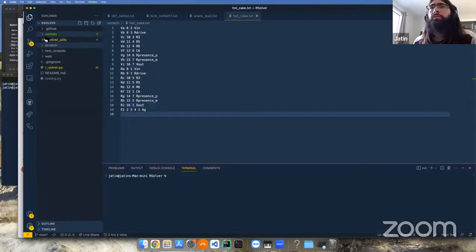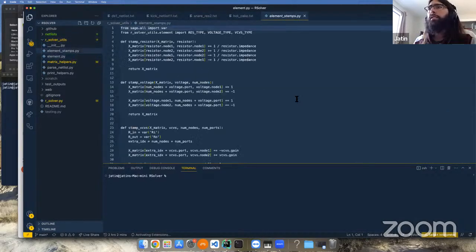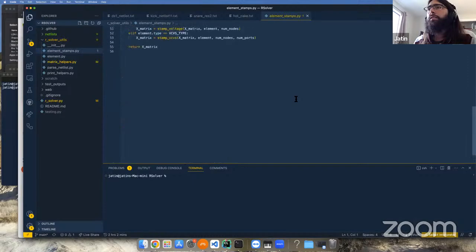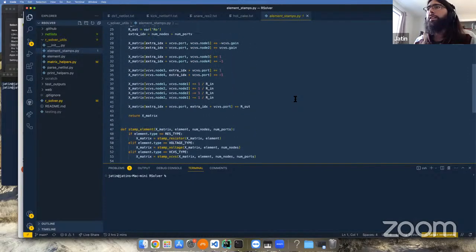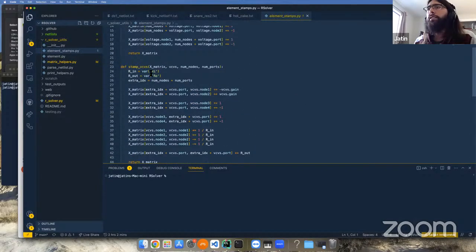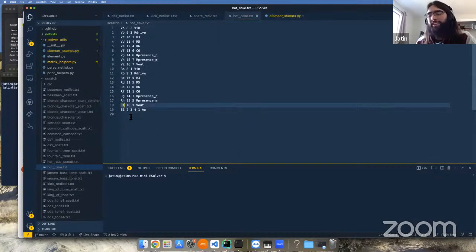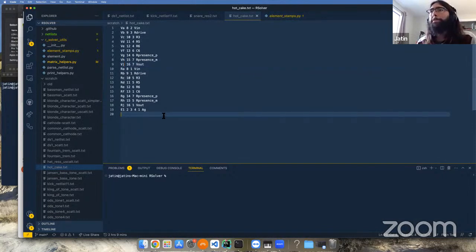So the problem here is that the op-amp model also has a thing called RI in it. So I need a different letter here. RJ. I don't think anyone else is using RJ. So let's give that a try. And so here we've got our netlist for our circuit.